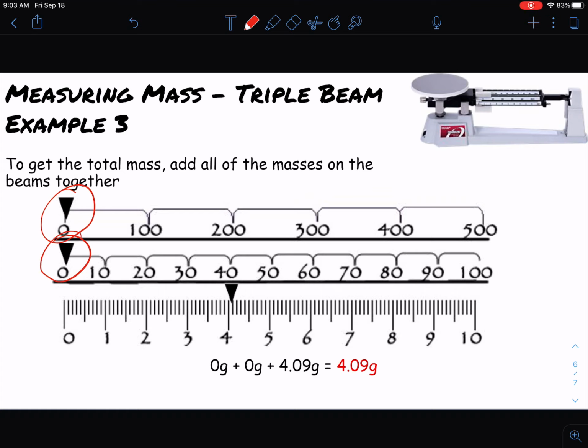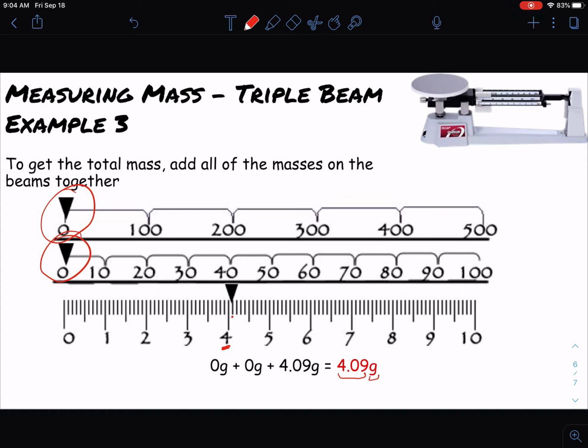We're going to jump right to the 1-gram beam, and we're going to see that the 1-gram beam is read the same as a meter stick, so we know it went past 4, but it doesn't look like it made it past a 0.1. So I'm going to read that as slightly before, 4.09 grams. Plus 0 gives me 4.09 grams.